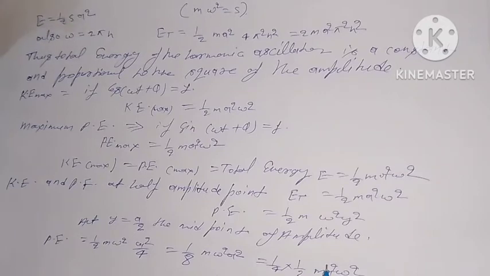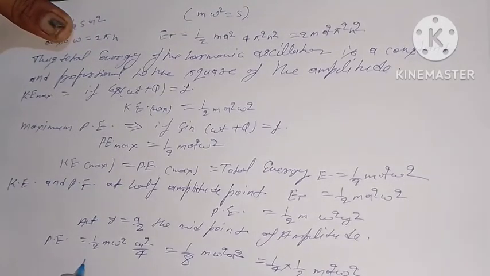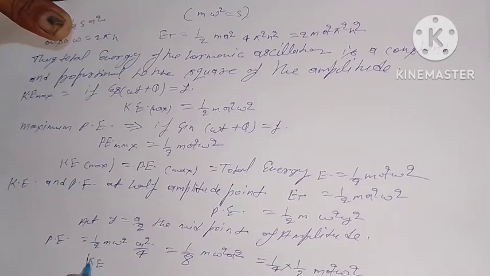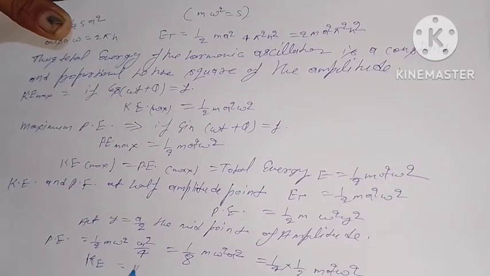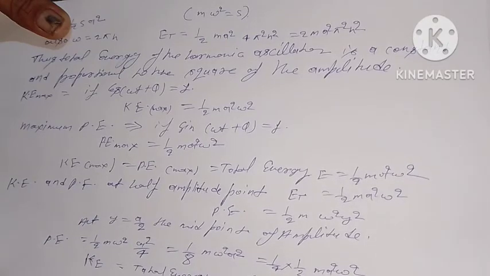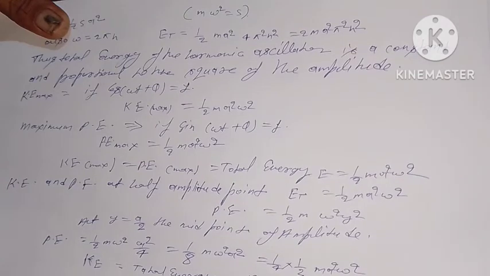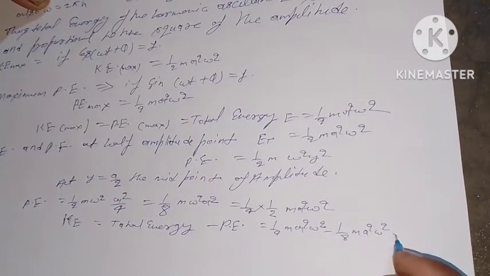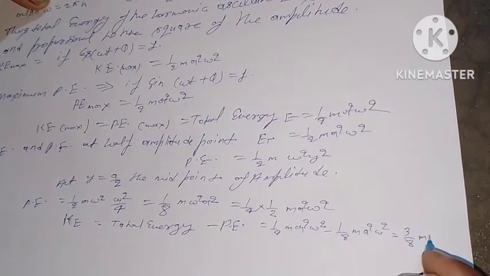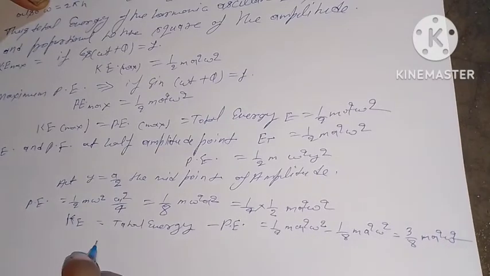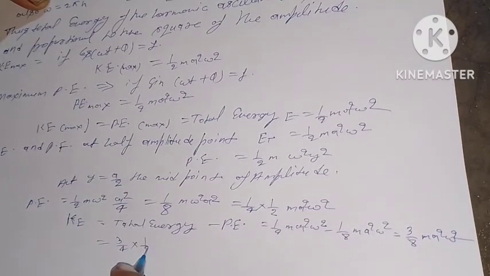Then kinetic energy equals total energy minus potential energy, that is 1 upon 2 m a square omega square minus 1 by 8 m a square omega square, that is 3 upon 8 m a square omega square, and that is 3 upon 4 cross 1 upon 2 m a square omega square.